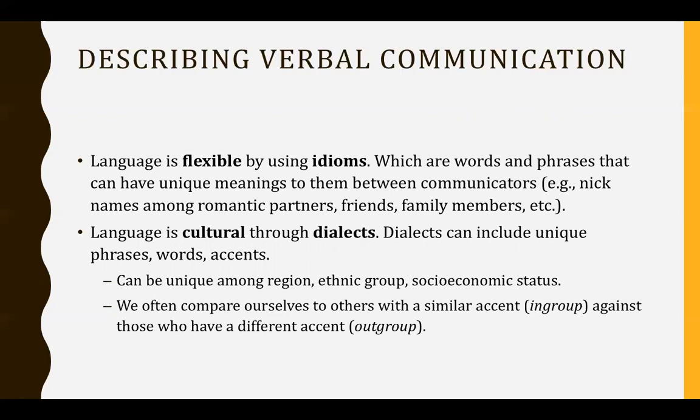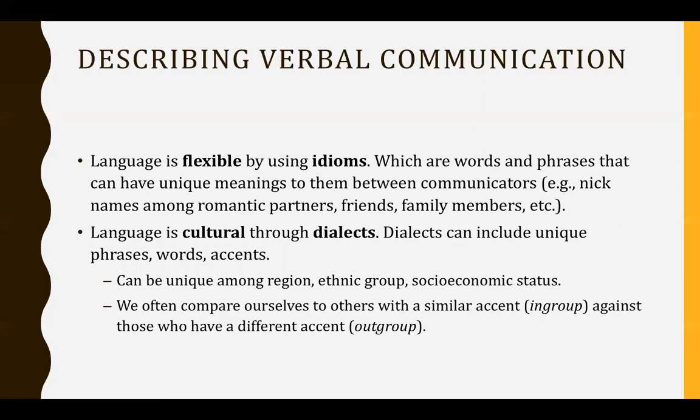Did you automatically notice the difference between your accent and theirs? Dialects can be unique among region, ethnic group, and socioeconomic status. For example, many working class Americans have their own unique dialect versus upper middle class Americans.